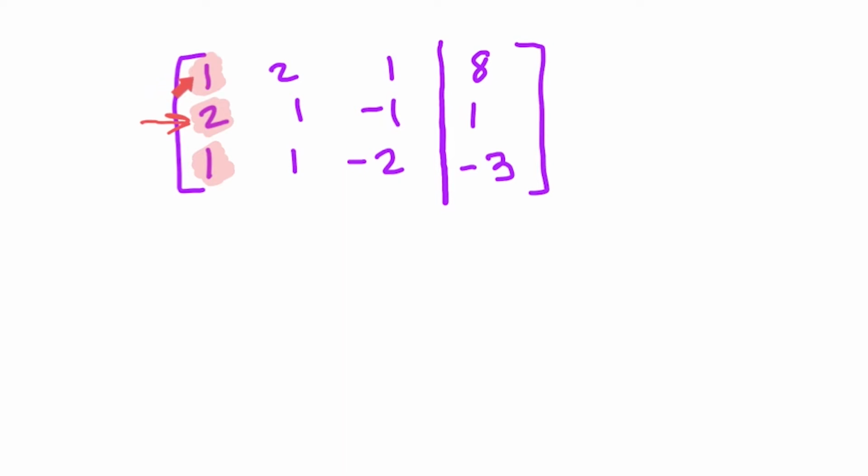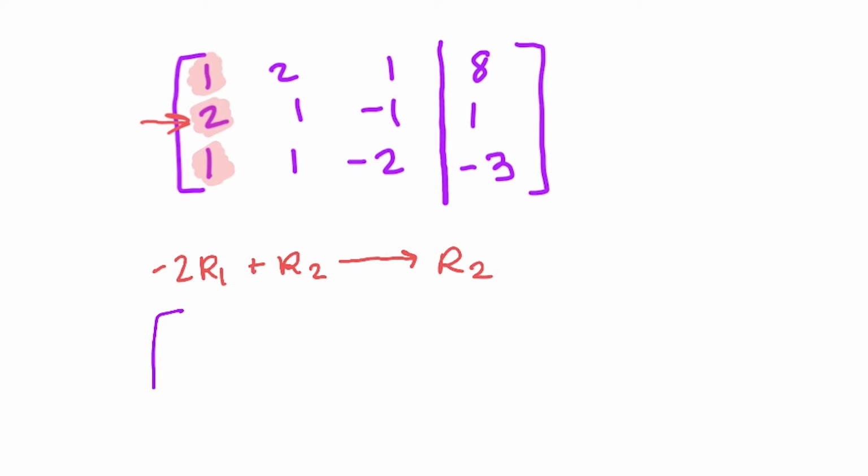I'm not changing that row yet, but what if I could change that number to a negative 2 and add these two together? That way I could get a 0. So what we would do is multiply the first row by a negative 2 and add it to the second row, and we're going to use that to replace just the second row.